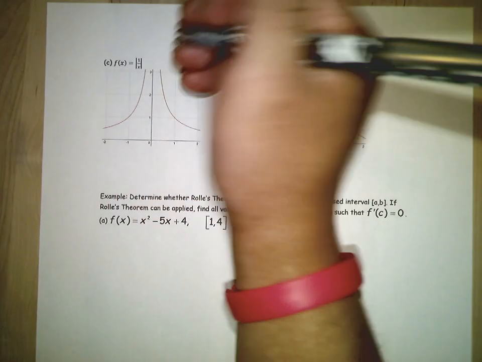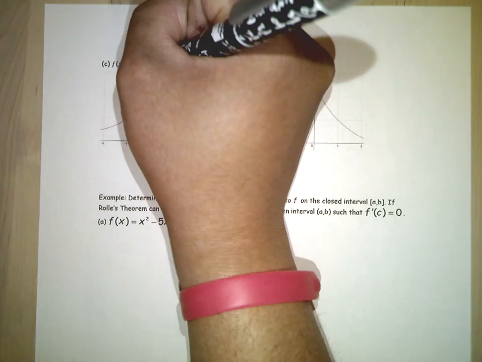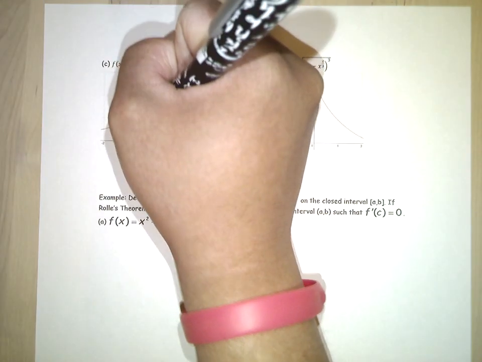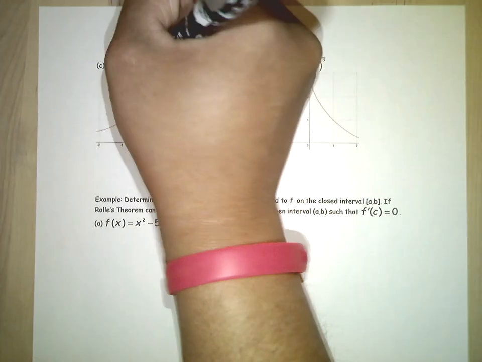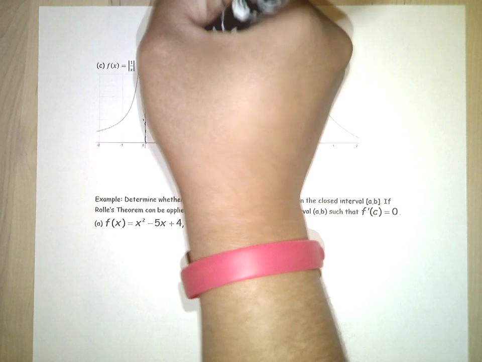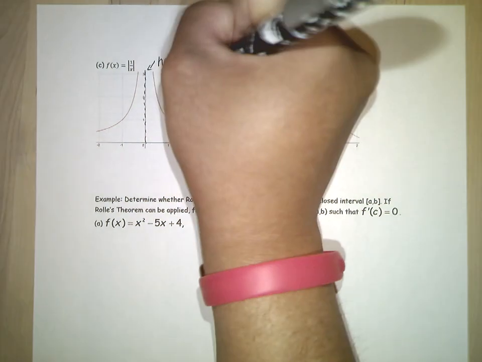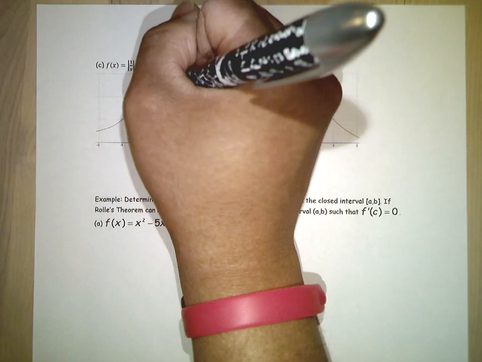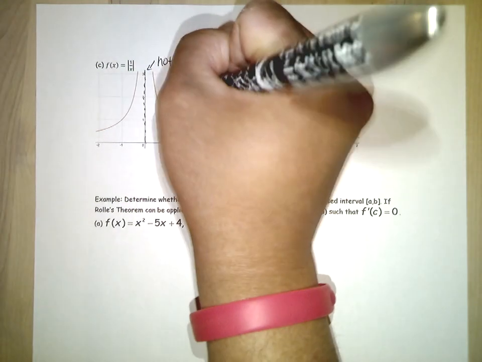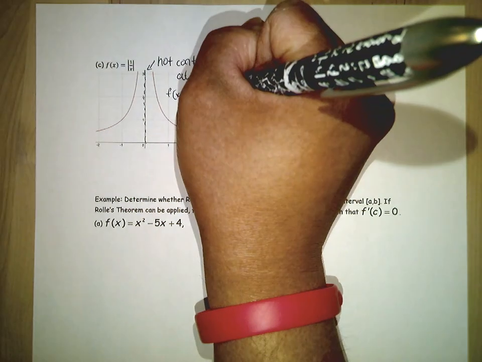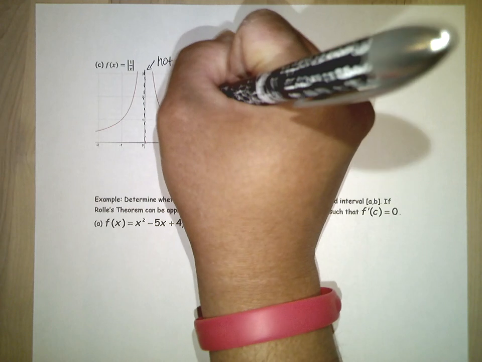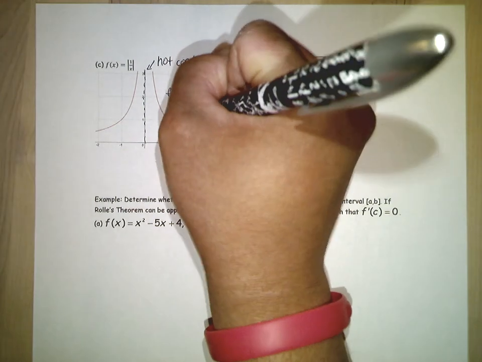So here is another example of a function that is not continuous at x equals 0. So f of x has a vertical asymptote here.